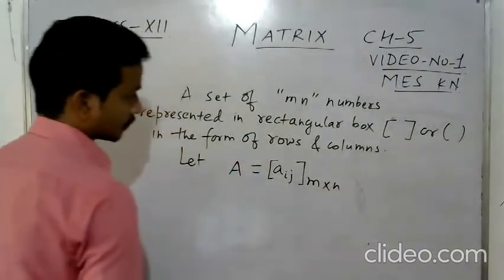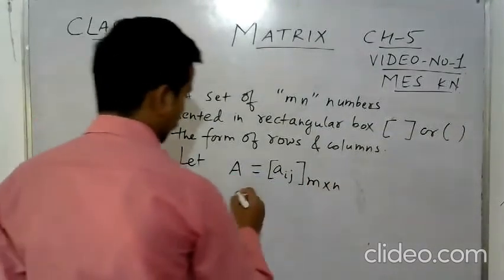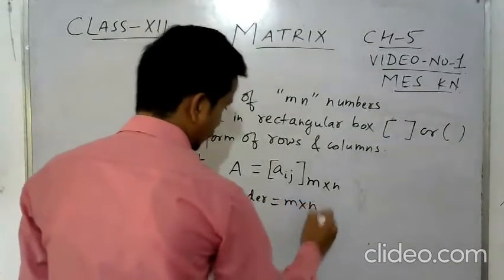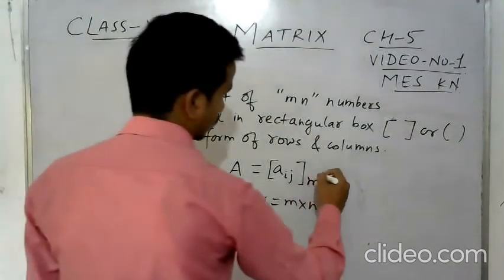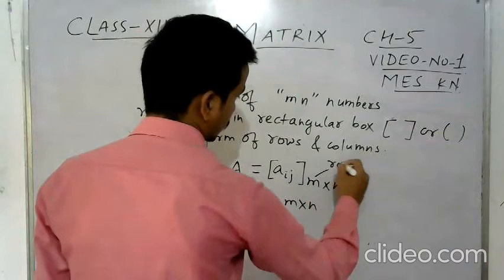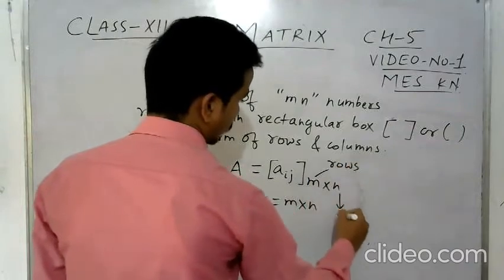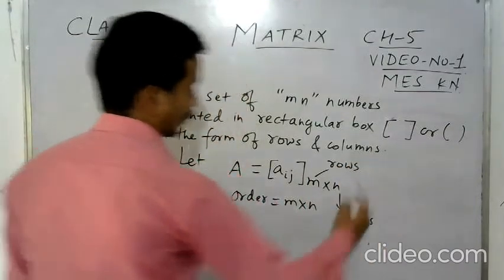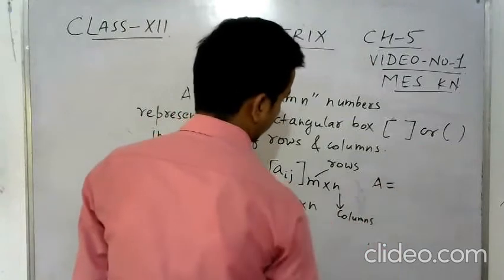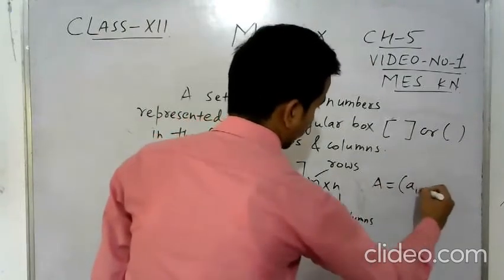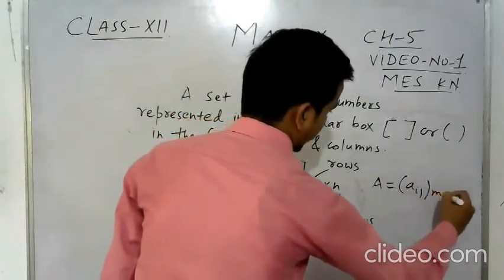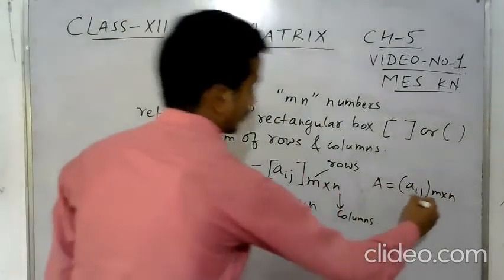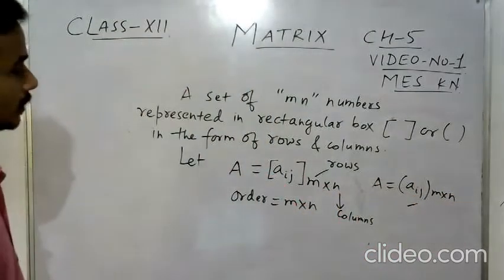The order of the matrix is m into n, where m is the number of rows and n is the number of columns. Or you can also represent a matrix as A equals [aij] m by n. Both ways are correct.